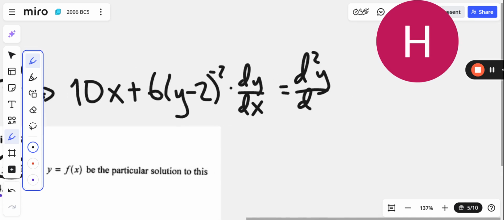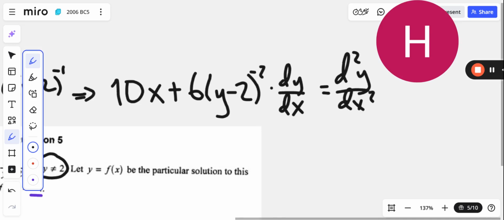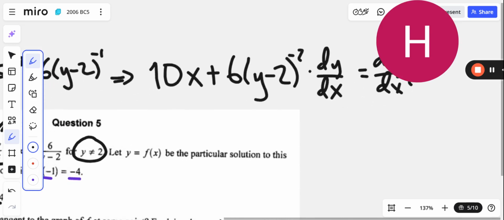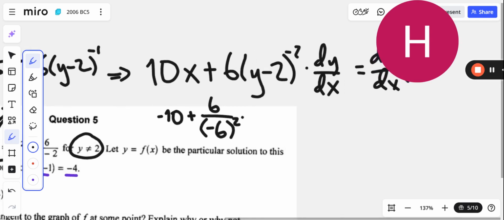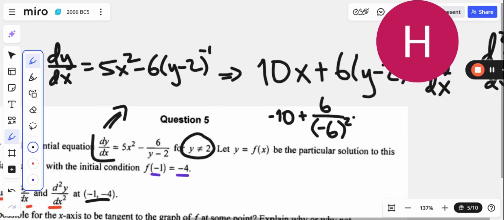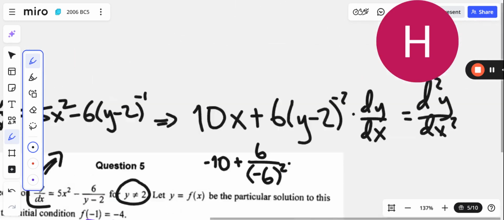Since we're plugging in the same point, we can use -1 for the x, and we can use -4 for the y. Let's put that on bottom again. So this is (-6) squared now, and this is multiplied by dy/dx, which we just evaluated was +6.